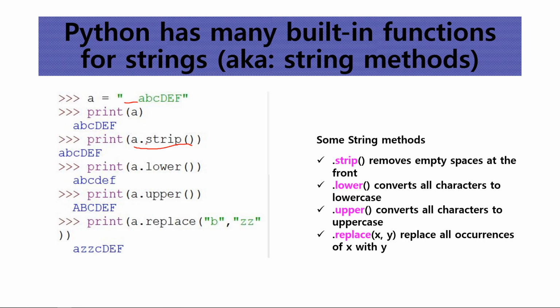I would just use a.strip, and I always remember you have to use the brackets to call a function. And this would go ahead and remove all these empty spaces and give me what is remaining after that. This would be useful, for example, in a case where you have a login system and you don't want someone to be denied login just because he accidentally added an empty space in front of their name or their password.